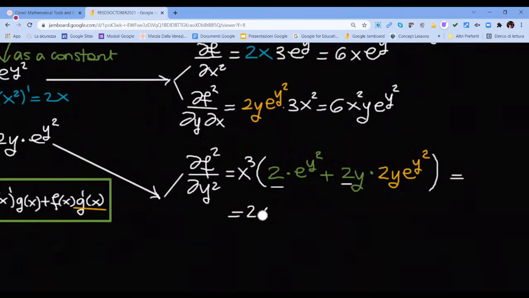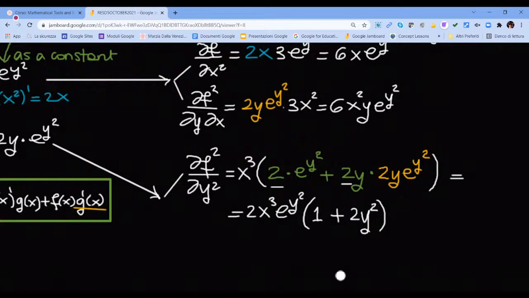Then we have x cubed, then we have e to the power of y squared. And then we write what remains inside. Inside we have 1, because every factor we've taken out in the first term lets 1 remain. And in the second one we have one more time 2, and then y squared. Then nothing more. I think it is everything.